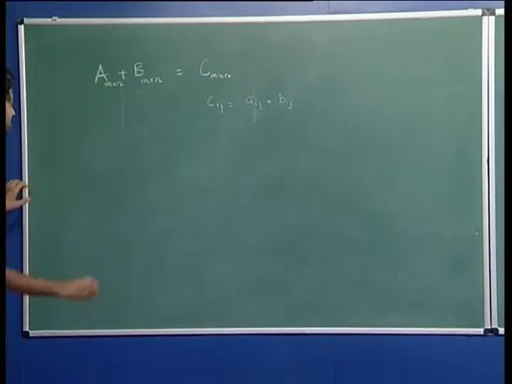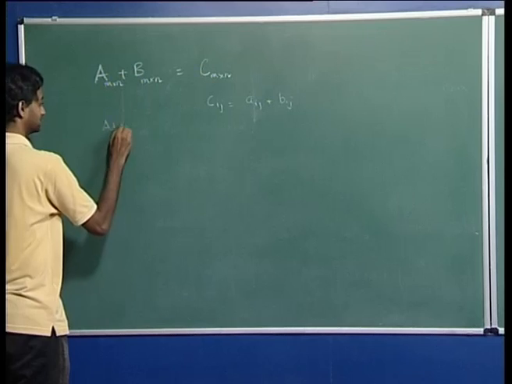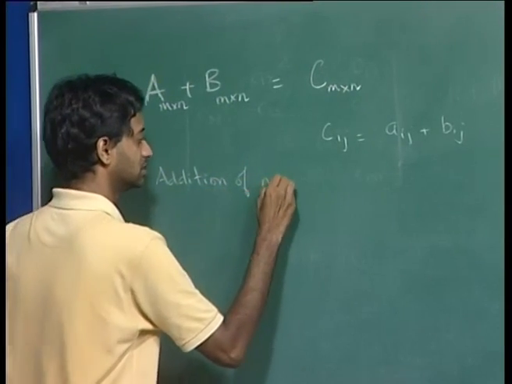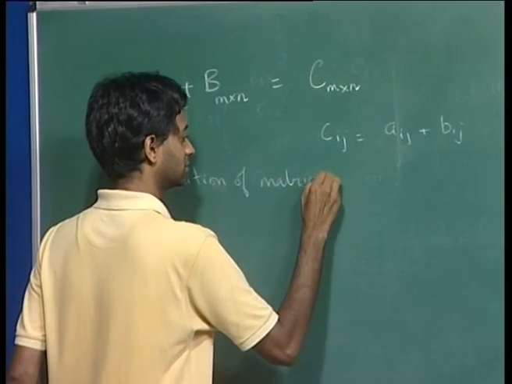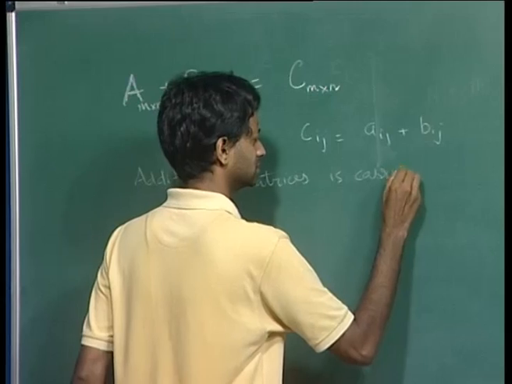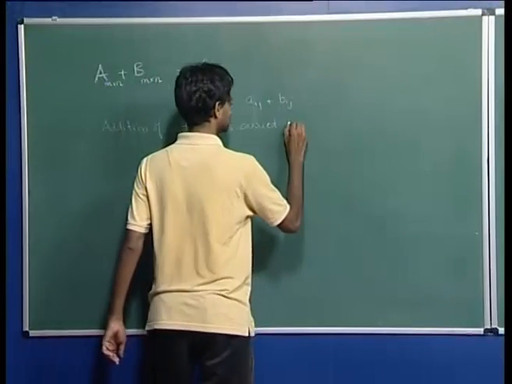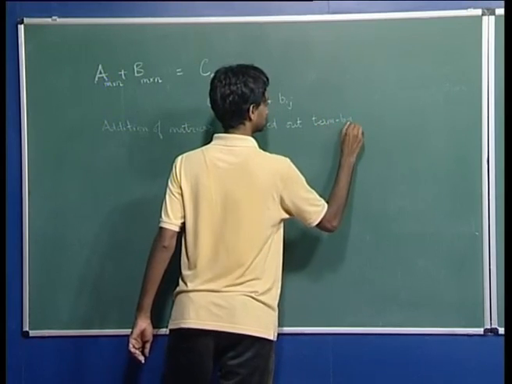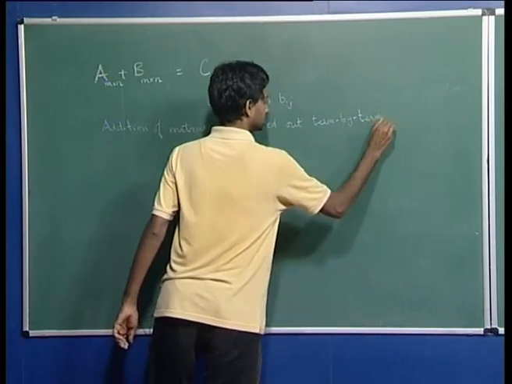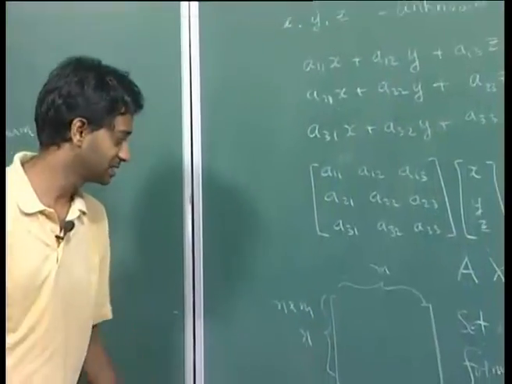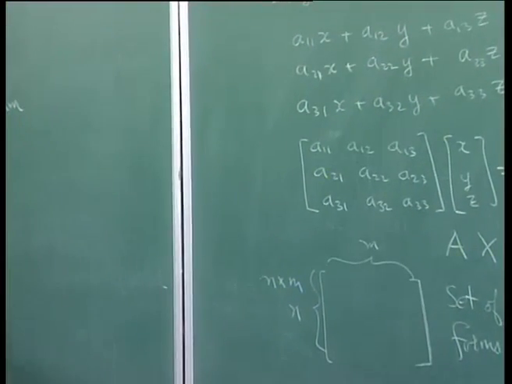So the addition of matrices is term by term. This way, matrices of order n by m will form a vector space.